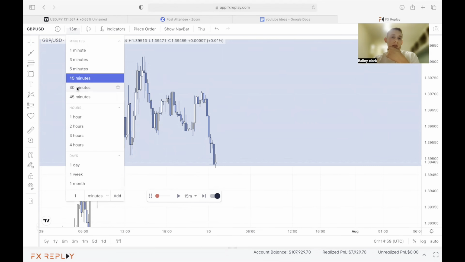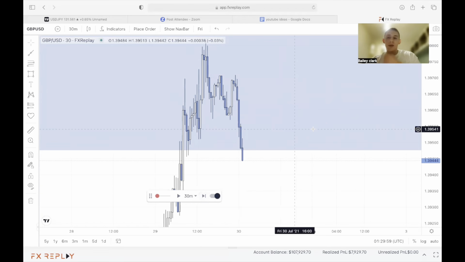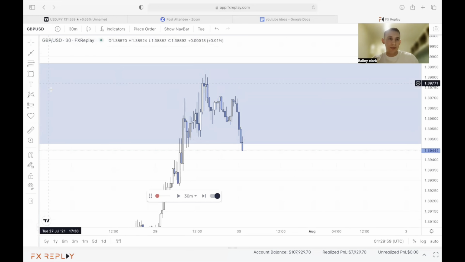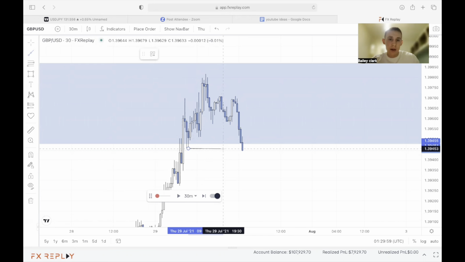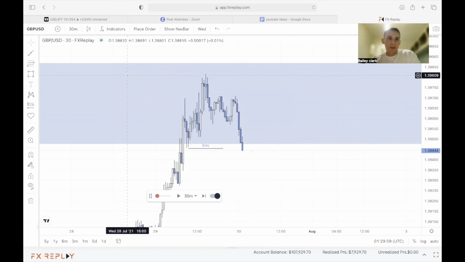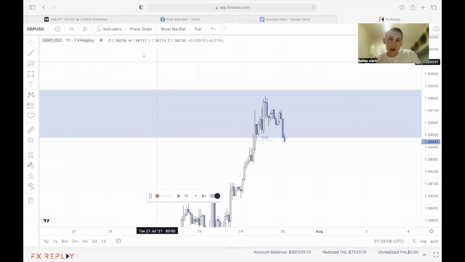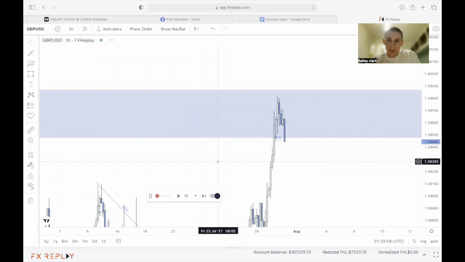Okay, so all right, so structure has now broken. We have this area failed. So that'd be a break of structure. Areas to enter from then.